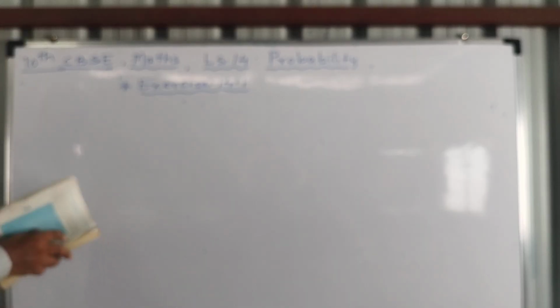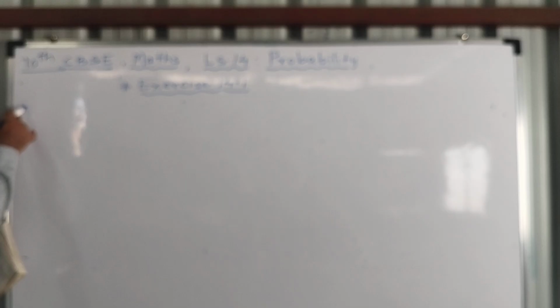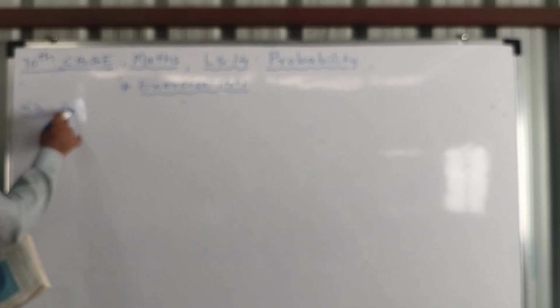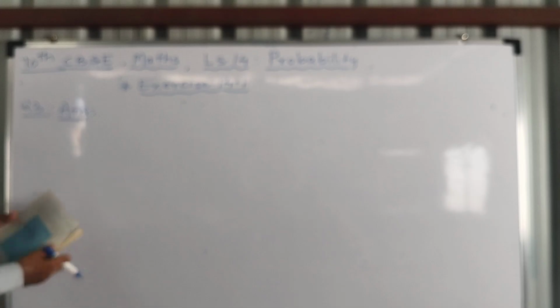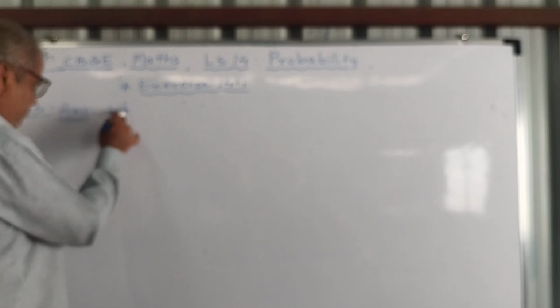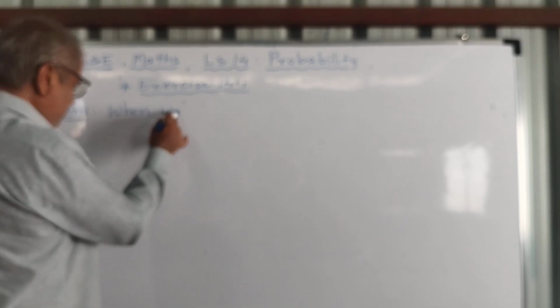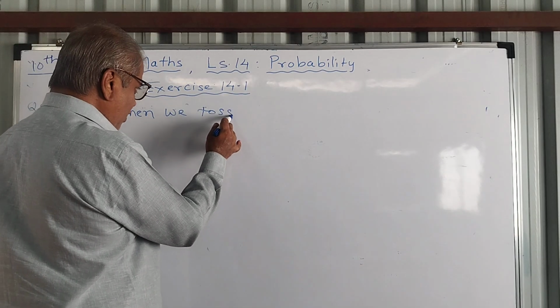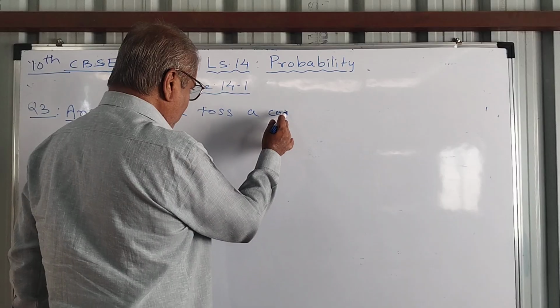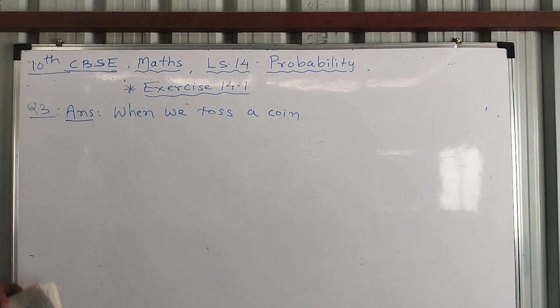So we will write the answer for question number 3. Answer: when we toss a coin, what are the possible outcomes? Head or tail.